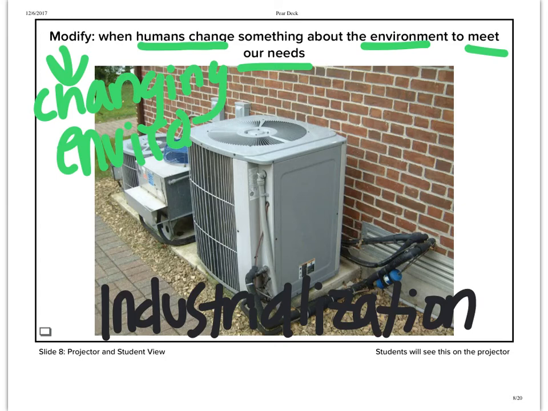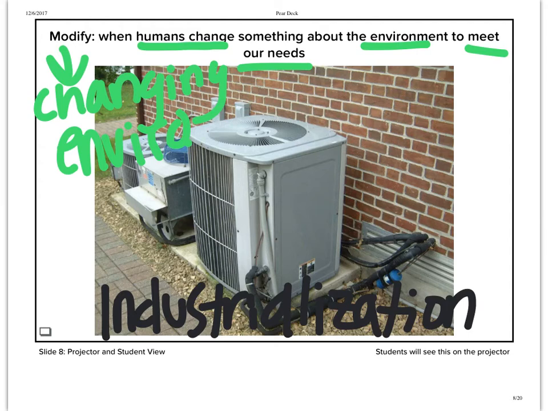Industrialization, we talked about when we talked about Europe imperializing Africa, and how Europe was industrializing, so they needed resources and labor from Africa in order to industrialize. We talked about industrialization in Unit 3 again when we talked about developing versus developed nations.